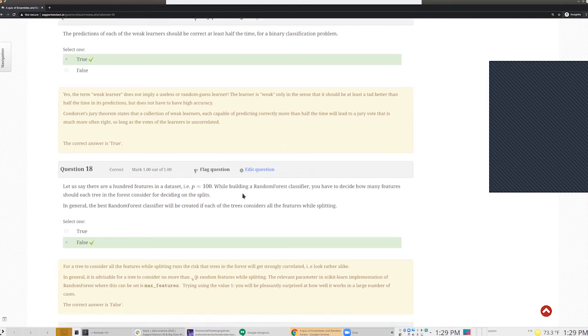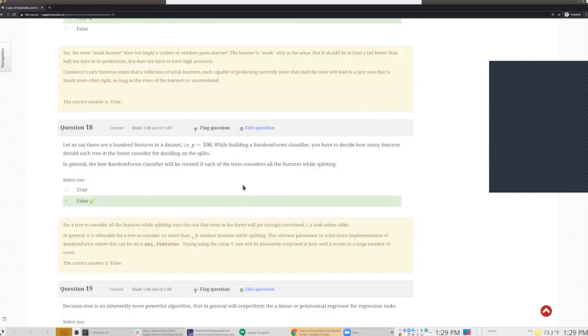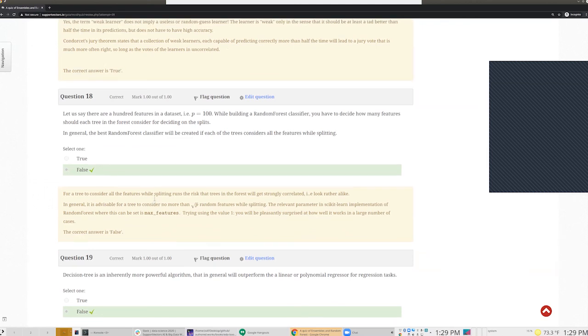Let us say that there are 100 features in a dataset, P. While building a random forest classifier, you have to decide how many features each tree in the forest should consider for deciding on the split. In general, the best classifiers will be created if each tree considers all the features while splitting. No, it's false. That will possibly lead to trees getting correlated.